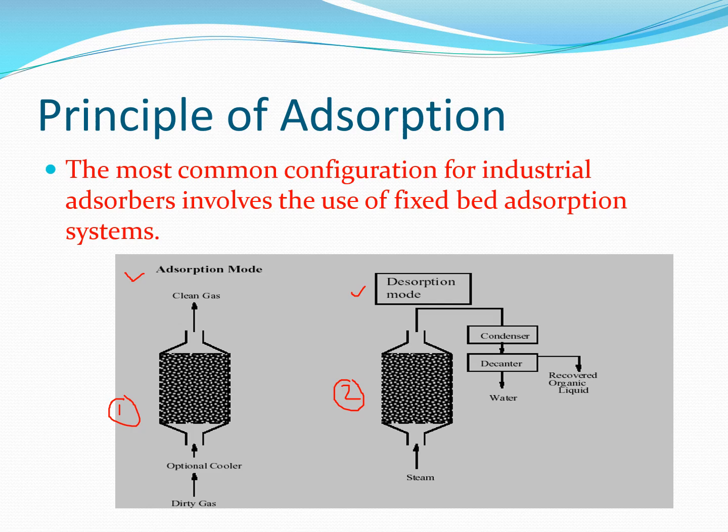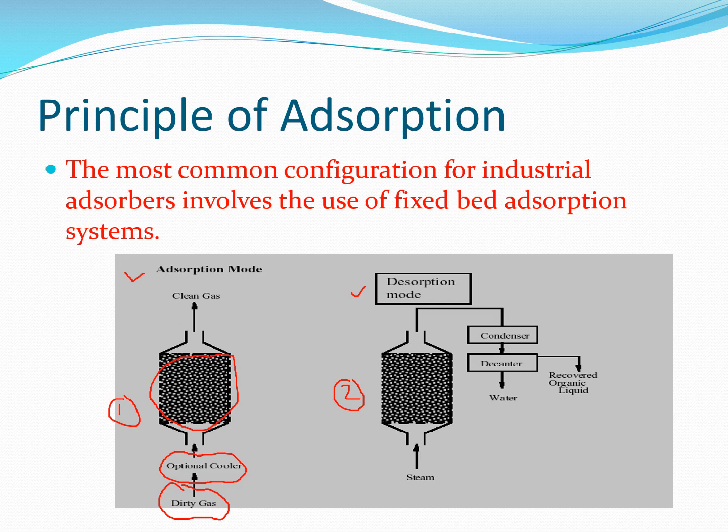Here you can see we enter the dirty gas from the bottom, and an operational cooler if you want to decrease the temperature of the gas. This is a solid bed in which the solid particles are retained, that is basically adsorbents, which I already discussed before, like silica gel, activated carbon, alumina, and so on.